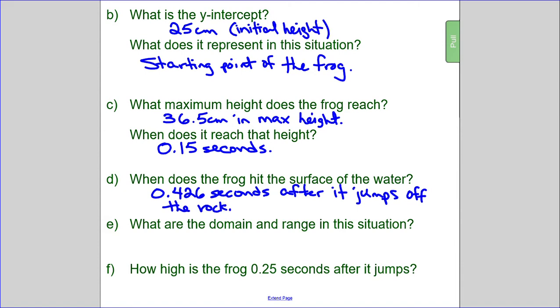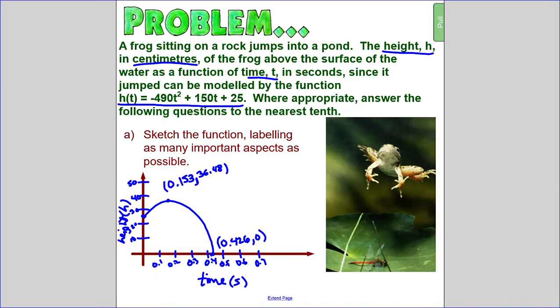What are the domain and range in this situation? We just need to be careful here in terms of our variables. Remember that x is your domain, y is your range. Our domain, keep in mind, is all of our x values that are included in this. In this case, I can't have negative time, so it's going to start at 0, and it's going to end when it hits the water.